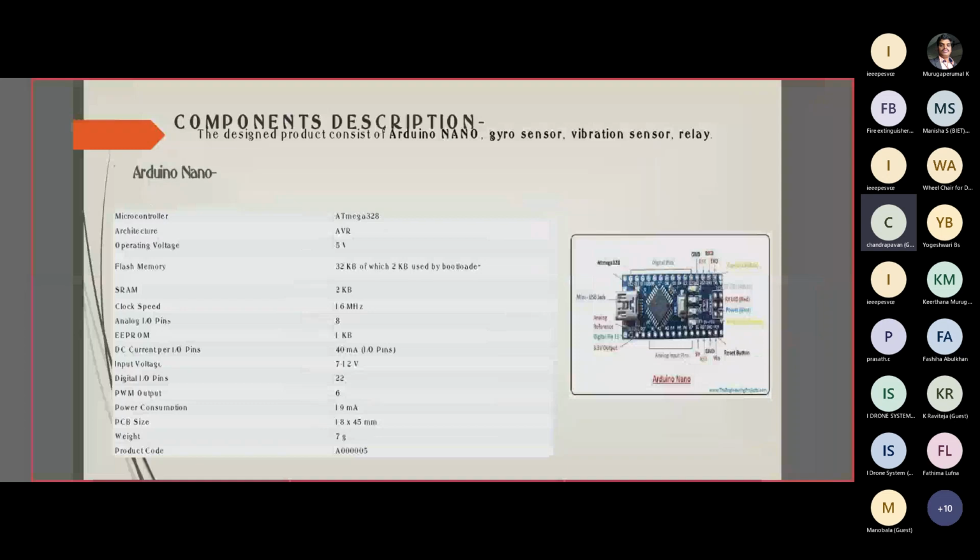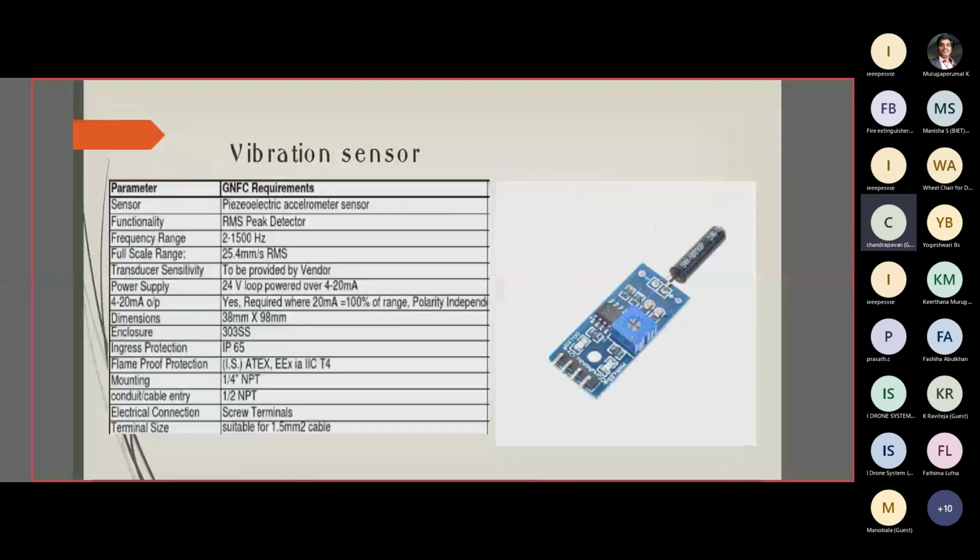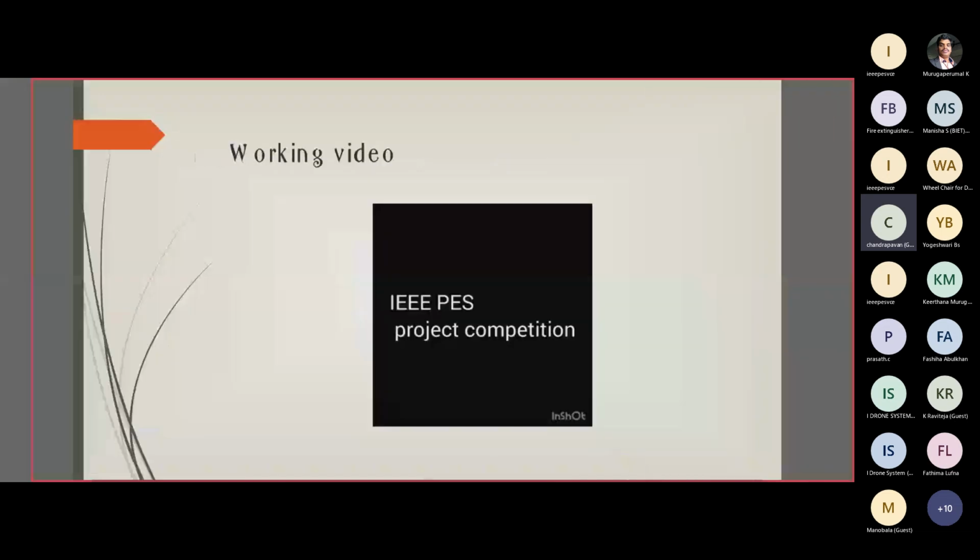We have used this gyro sensor to measure the tilt and position of the iron box. This is vibration sensor. The model of this sensor is SW420. This sensor is to measure the vibration of the iron box. Here you can see the working video.